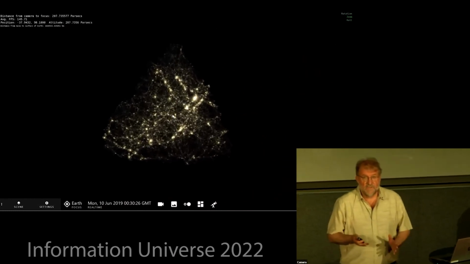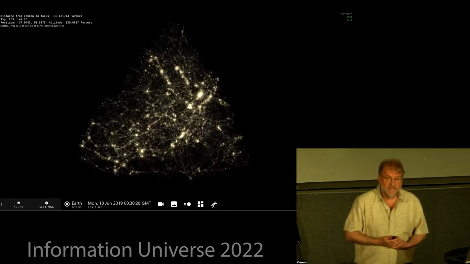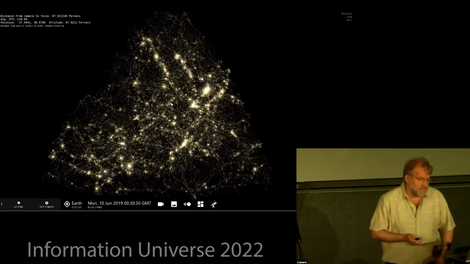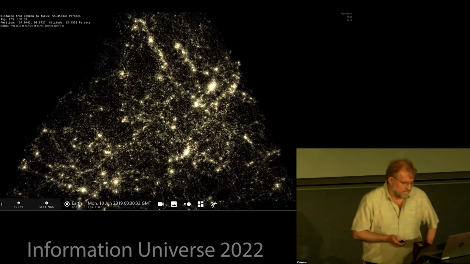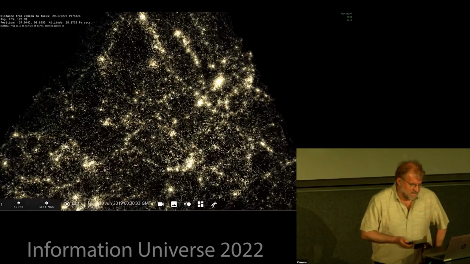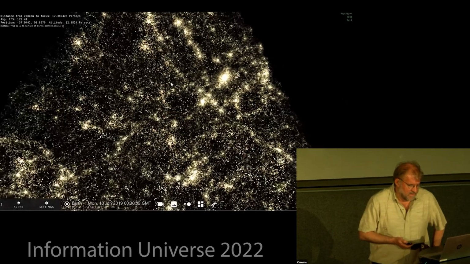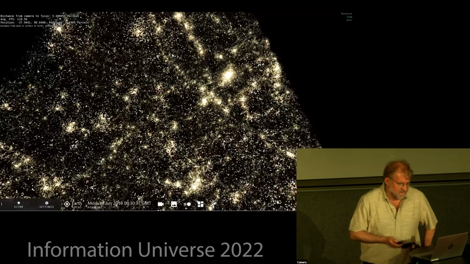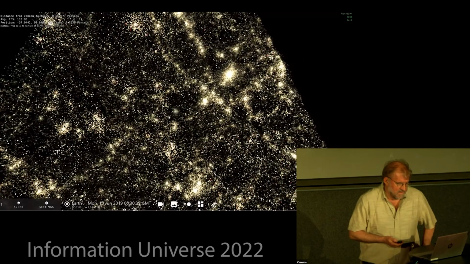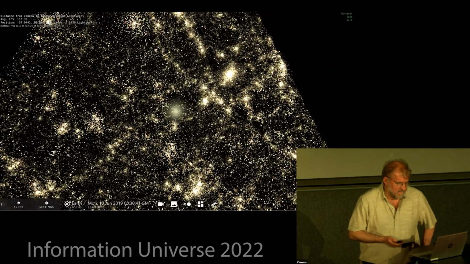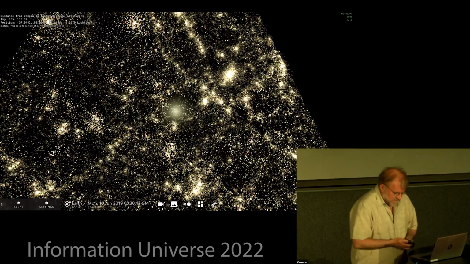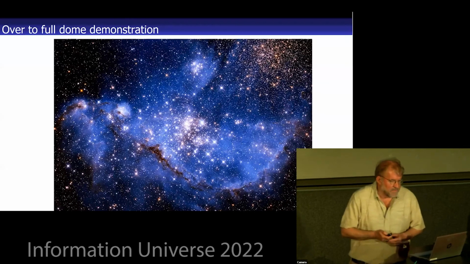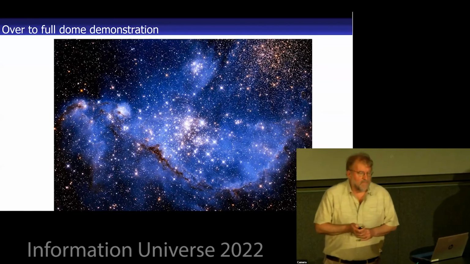We've got it installed, we can switch it on, I can display data sets, but there are still some distortions that we need to sort out. Okay, now I want to go over to the full dome demonstration.